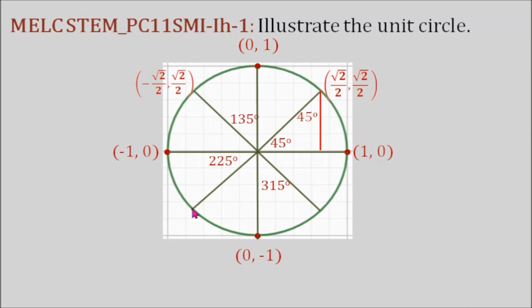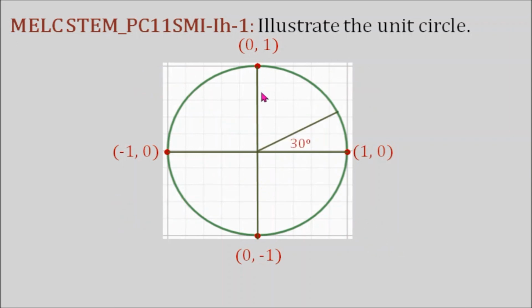And here, because this terminal point is below the x-axis and to the left of the y-axis, the coordinates here are negative square root of 2 over 2 and negative square root of 2 over 2. And here, because it's below the x-axis and to the right of the y-axis, the coordinates here are square root of 2 over 2 and negative square root of 2 over 2.